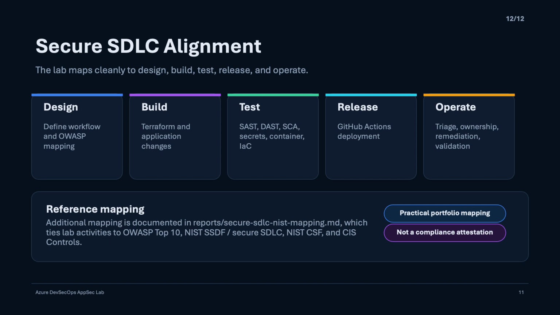In the test phase, the lab runs static application security testing, dynamic application security testing, software composition analysis, secret scanning, container scanning, and even infrastructure as code scanning as well. In the release phase, GitHub Actions handles the deployment, the CI/CD pipeline. And in the operation phase, the findings are triaged, assigned to the owners, remediated, and then validated with evidence.